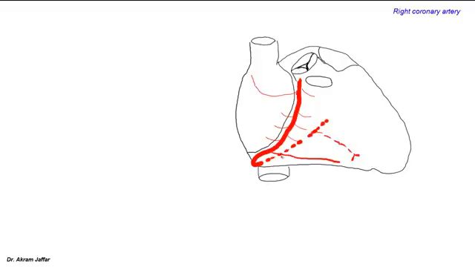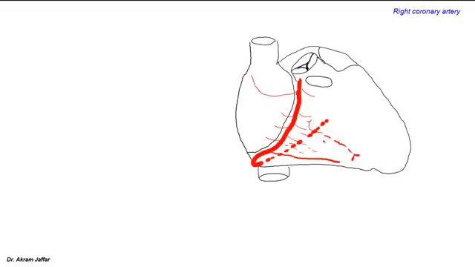On the inferior surface of the heart, the right coronary artery provides ventricular branches. There are some also atrial branches, and before reaching the crux of the heart, the right coronary artery supplies a small branch that passes into the interatrial septum and supplies the AV node.